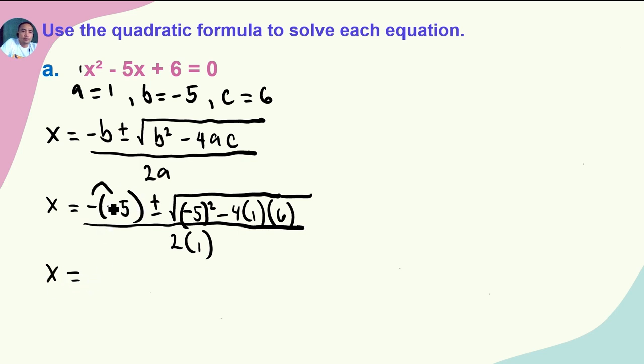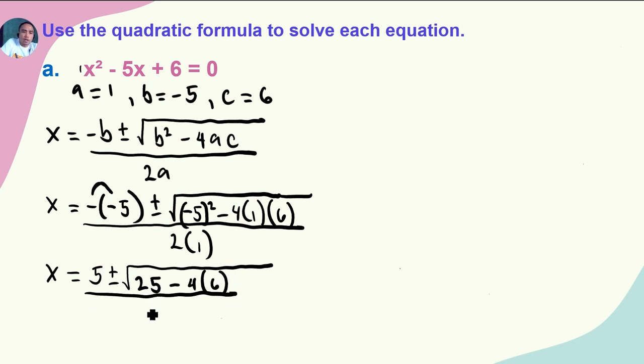Continue. Negative times negative 5 is positive 5, plus or minus the square root of negative 5 squared, which means negative 5 times negative 5 is positive 25, minus 4 times 1 is 4, then times 6, all over 2 times 1, which is 2.